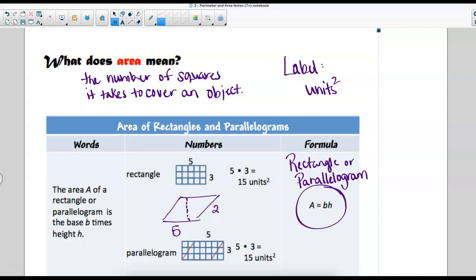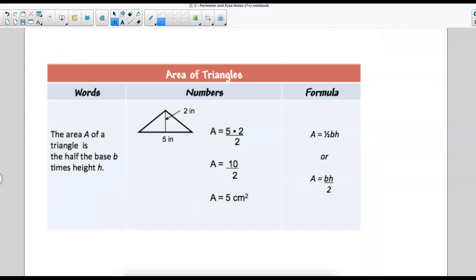So, we talked about rectangles and parallelograms, now triangles. The area of a triangle is half the base times the height. I like this better: the area of a triangle is base times height divided by 2. The reason is, think about a sheet of paper that's a rectangle, and I fold it to make a triangle.